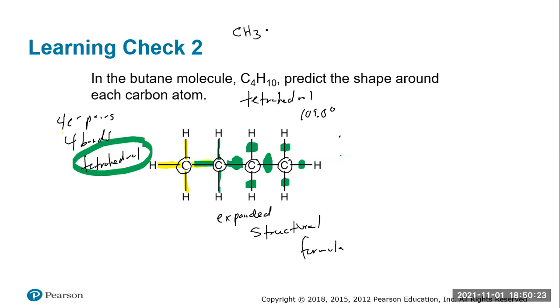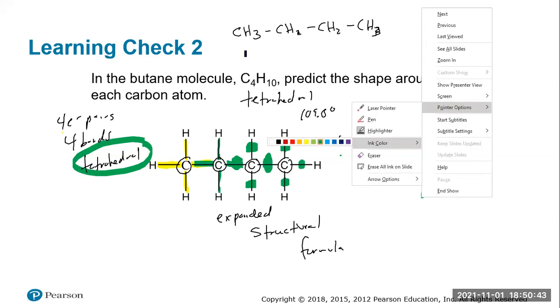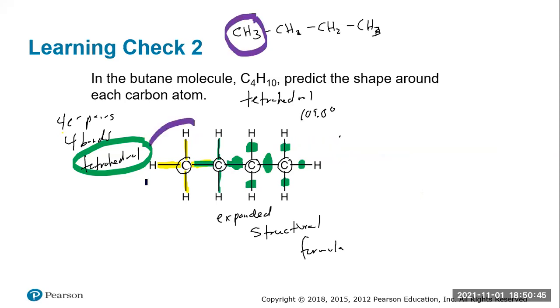CH3, CH2, CH2, and CH3. And again, to illustrate what we're talking about here, let's go with purple. CH3 is basically these guys right here, CH3. Then we have CH2, which is basically these guys right here, CH2.